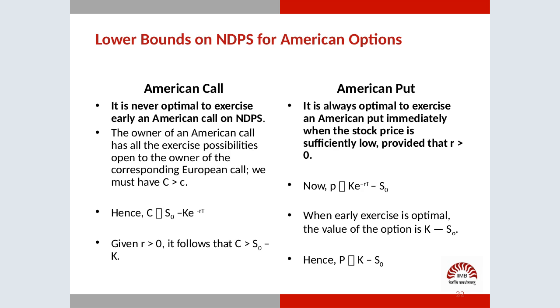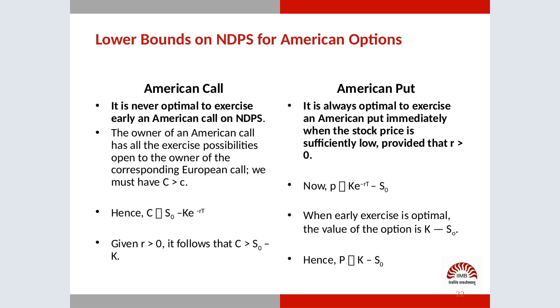And therefore, the price of the American call should be more than the price of the European call. The European call minimum price is S naught minus K to the power of minus RT, as we saw. Therefore, the American call will also have the minimum price of that.